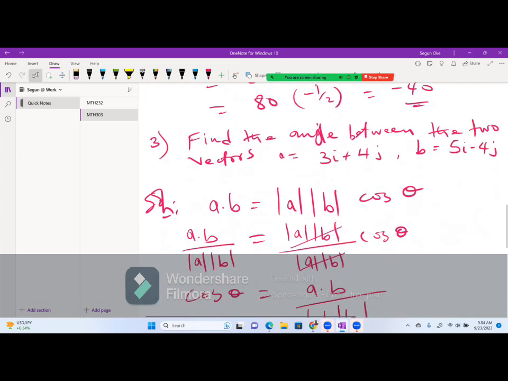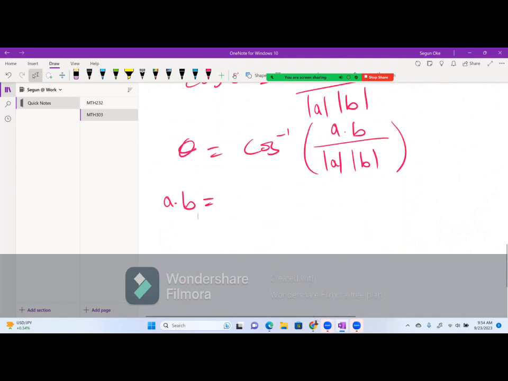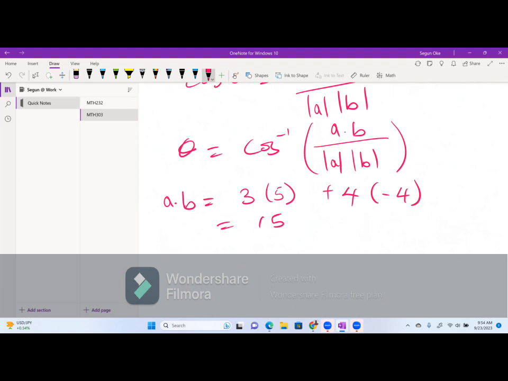That's all. So it's going to be 3 multiplied by 5 plus 4 multiplied by -4. So what do we have? We have 15 minus 16, which is equal to -1. That is our A dot B.